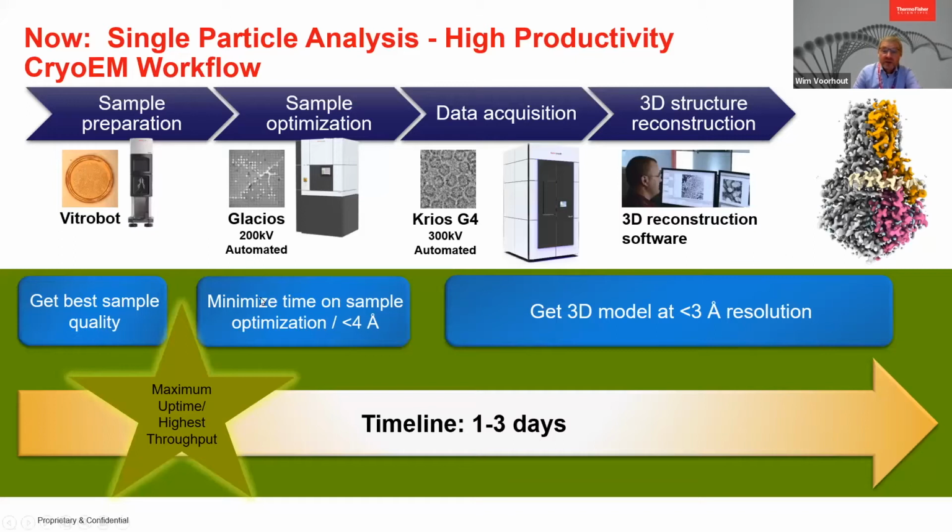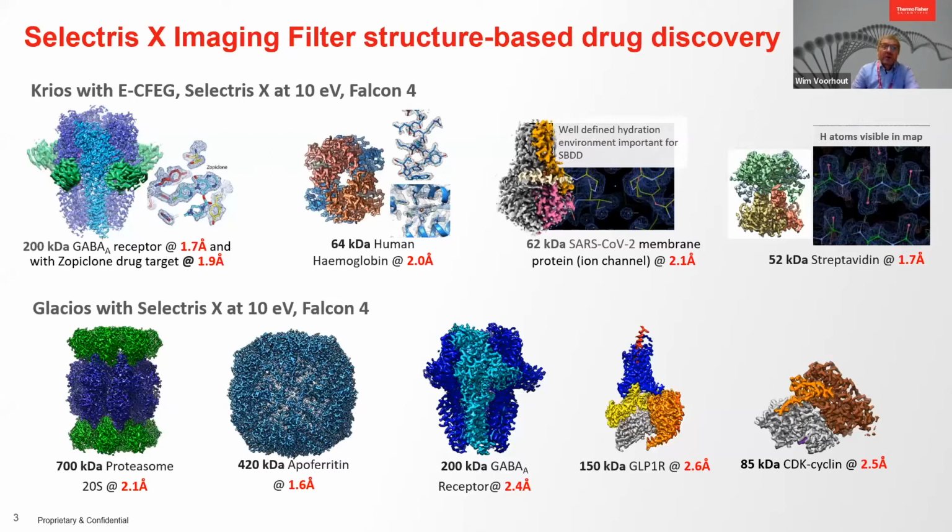If you look at the timeline, typically within 1 to 2 days you can get high resolution structures of many different samples. And just to give you a few examples of what is currently possible in the field of single particle electron microscopy.